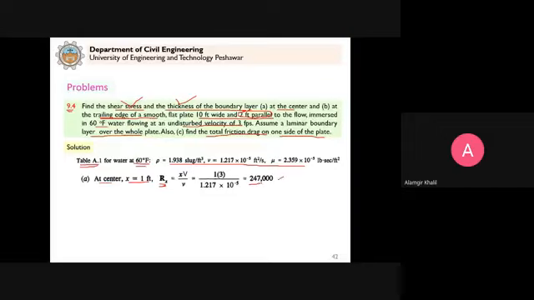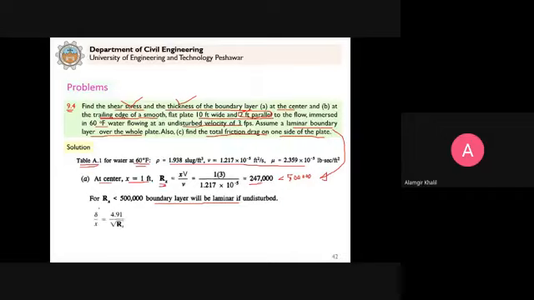It is less than 500,000. So what we have? It means that the assumption of laminar boundary layer is correct. So that's why Rx is less than that, and we have laminar boundary layer.